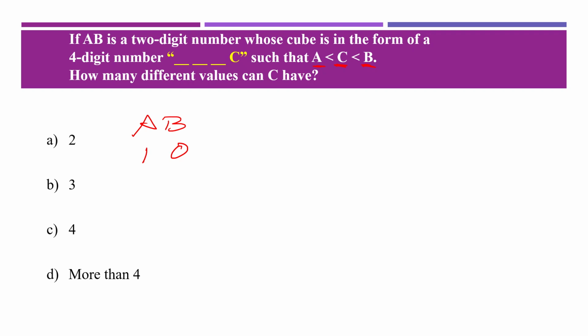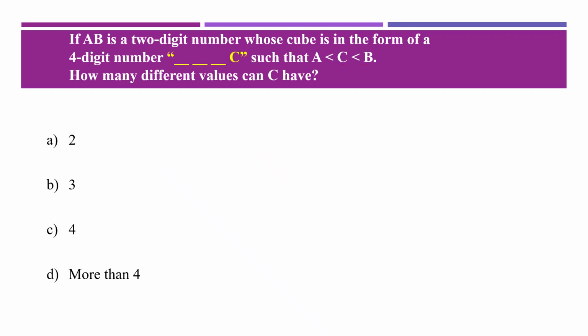They have asked for a cube, so 10 cube is obviously going to be 1000. It should end with C. Here it is B and here it's C, and they have mentioned that C is less than B. In that case, I believe we can't consider this 10.